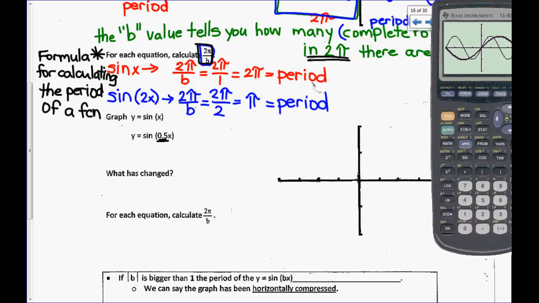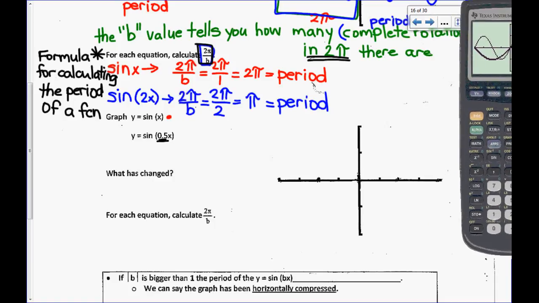Okay, well, let's draw what we got. Again, we're going to use red as our original function. We're going to draw our original function knowing that it has a maximum of 1 and a minimum of -1.